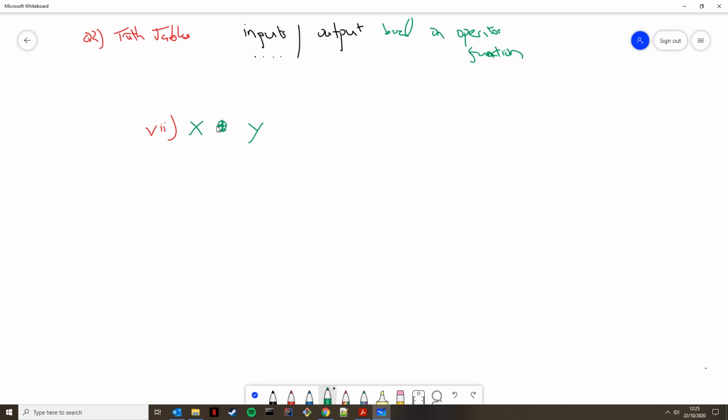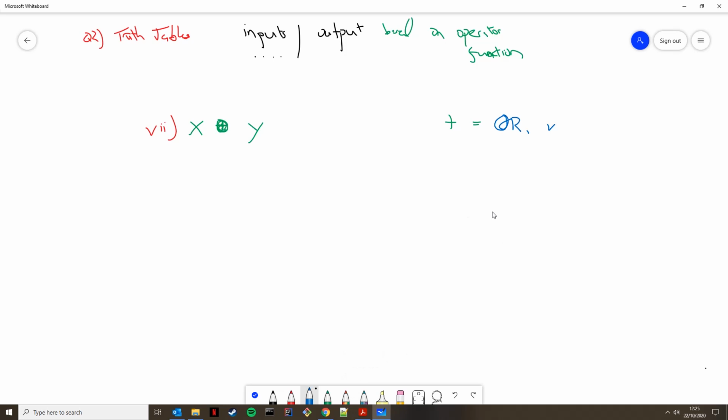What does this mean? Well, we know that plus is or, the little v below. So we've done that, X plus Y, X or Y, which is 0, 1, 1, 1.